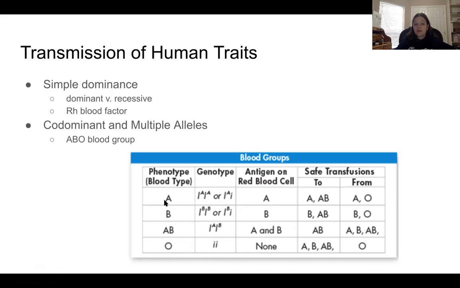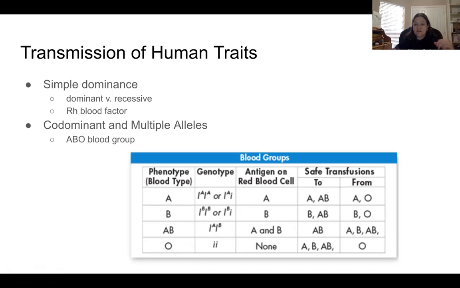So if you are type A blood, you either got 2 copies of the A allele, or you got an A and an O. If you're type B blood, you either got 2 copies of type B, or you got a B and an O. And so if you're type A, you are going to attack any type B blood.